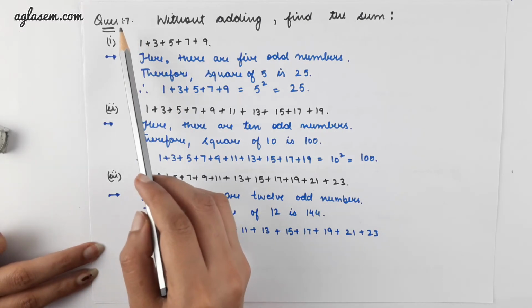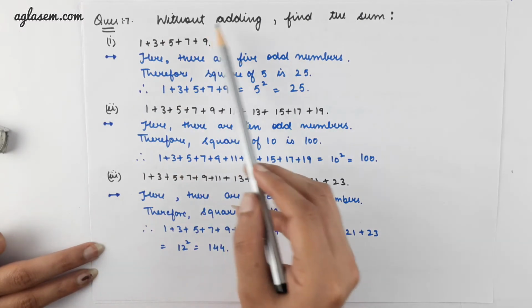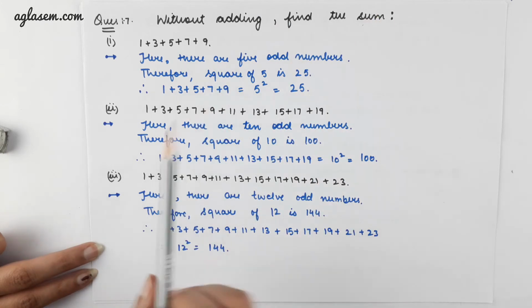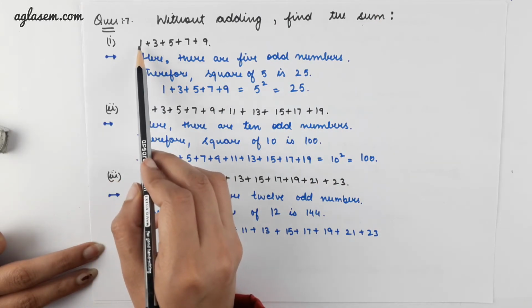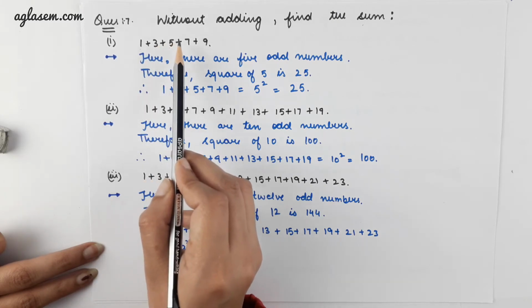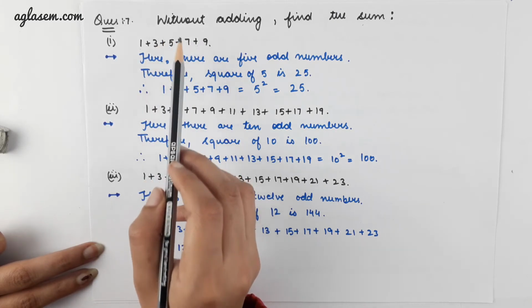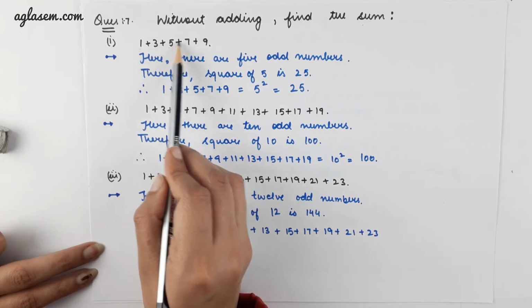Coming to the next question, question 7, it says without adding find the sum. Here we have a series: 1 plus 3 plus 5 plus 7 plus 9. But there is a twist, we don't have to add these numbers.